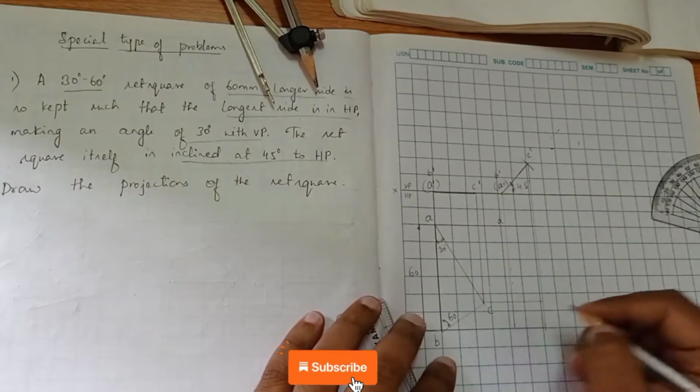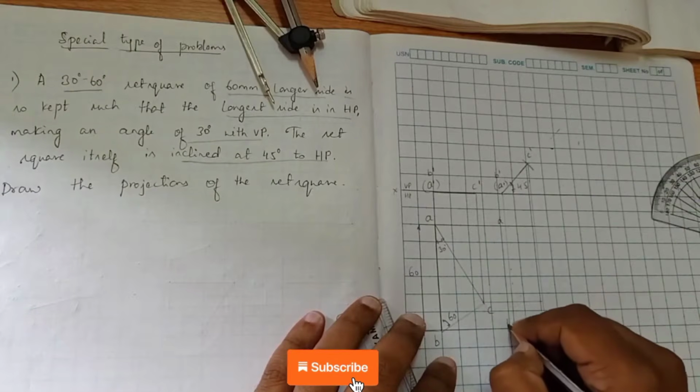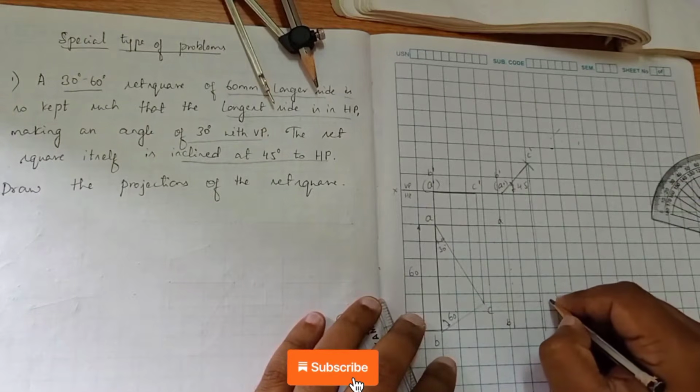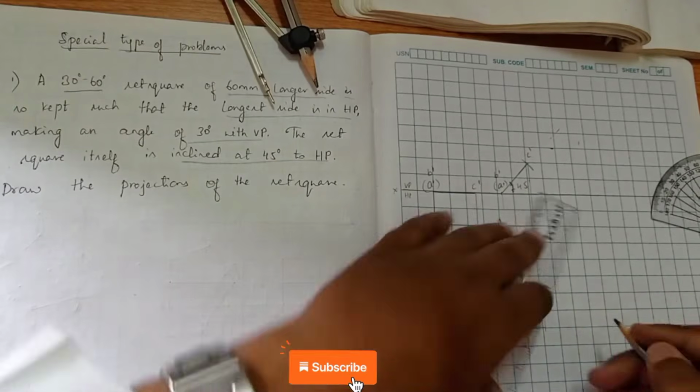This point is A, this point is B, and this point is C. So we will join it.